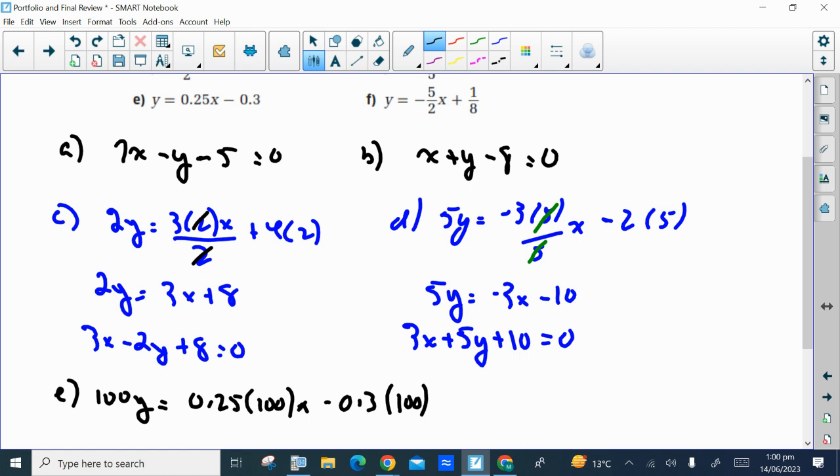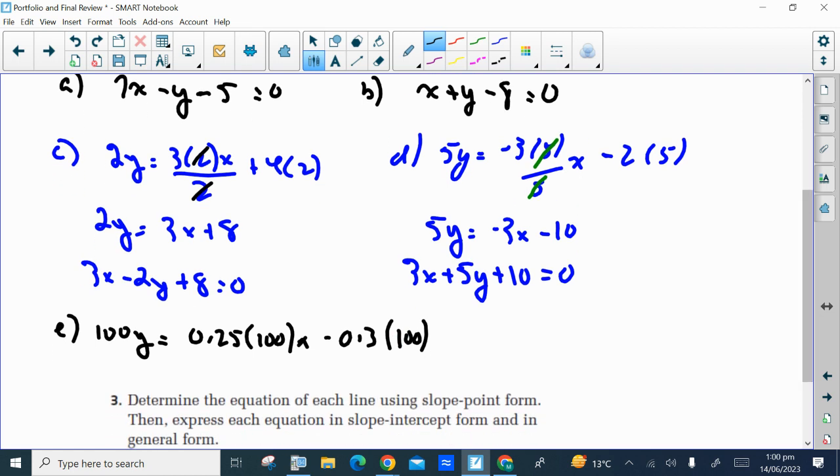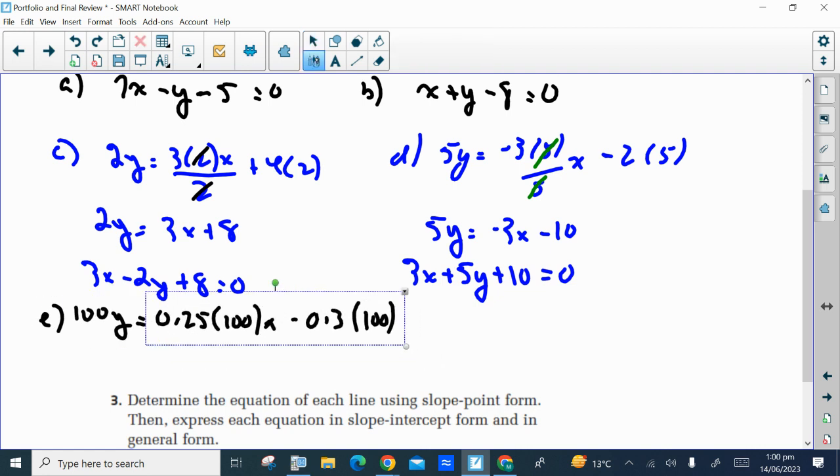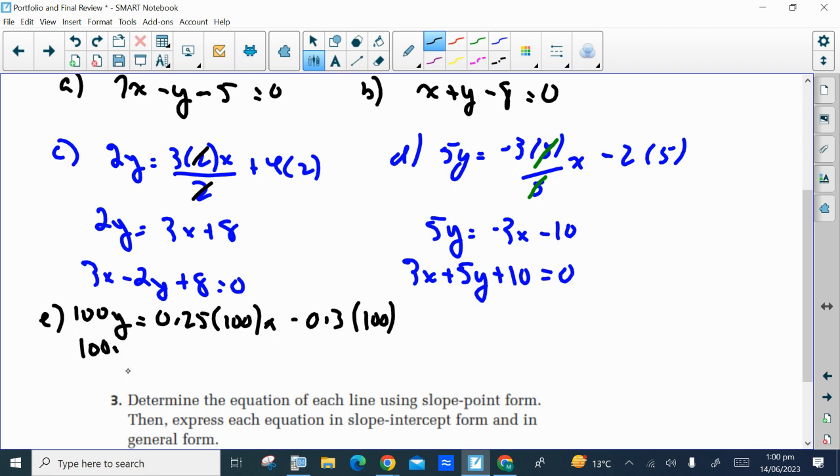So to make that one not be a decimal anymore, we have to multiply it by 100, which means we have to multiply all the terms by 100. So 0.25 times 100 will be 25x, minus 0.3 times 100 is 30, and then we'll bring the y term over. And there's the equation in general form.